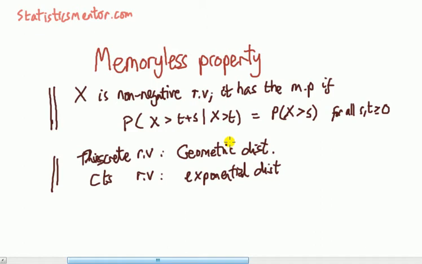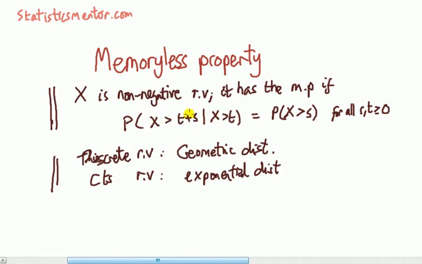So in that case, let X be the number of trials until we get the first success. As an example that we all understand, a boring example nevertheless, let's say we've got a coin. How many times do we have to toss it up in the air until it lands on a head?